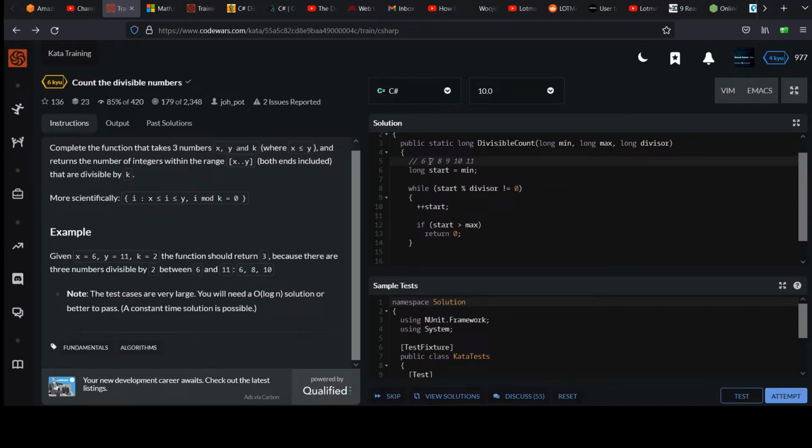I'm going to start here and get the number of elements that remain in the collection by subtracting: the max value minus my starting point, and then add 1 for counting purposes. Because if you do 11 minus 7, you get 4, but there's actually 1, 2, 3, 4, 5, right? So we'll get that range, and then I can simply divide by my divisor value.